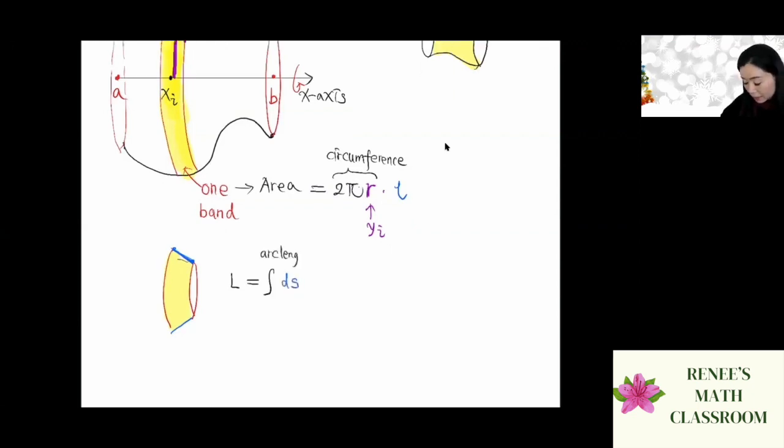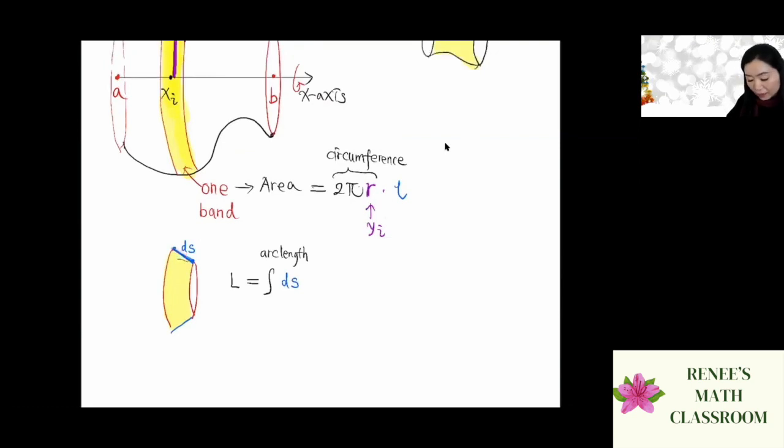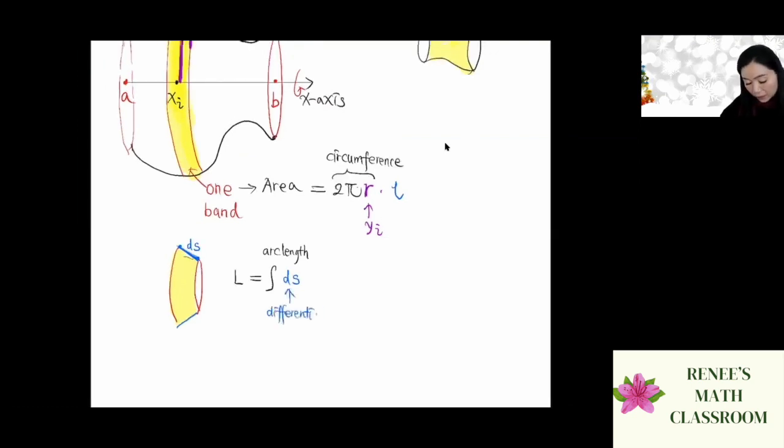So think about this as the small increment in the arc. That's the differential of arc length right here. So ds is over here.